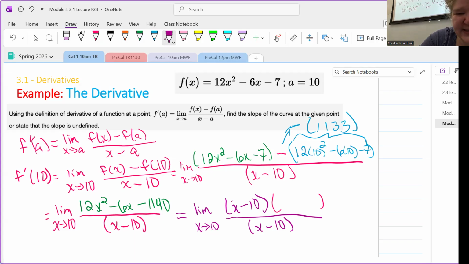So I have an x. I would have to multiply x by 12x to get a 12x squared. I have minus 10. So I'd have to multiply -10 times positive 114 to get negative 1140.